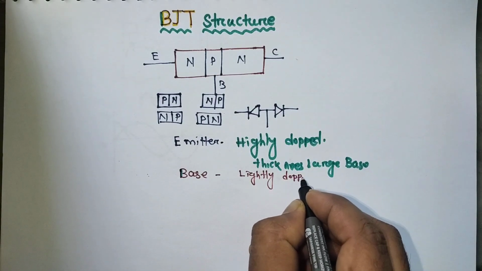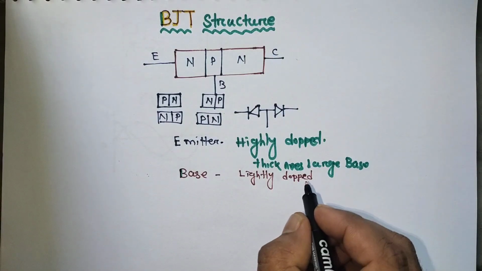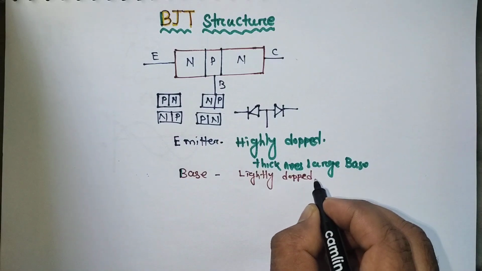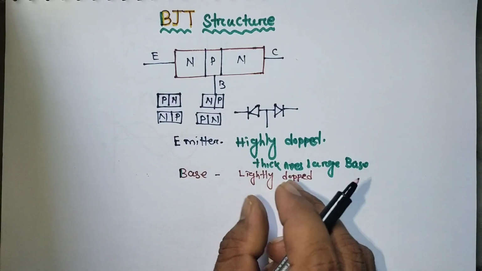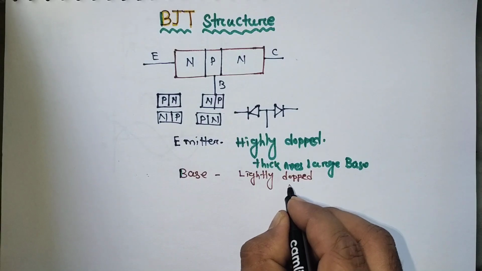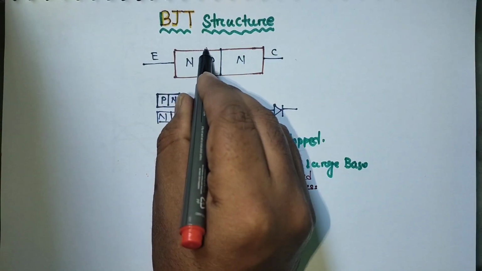You already know that doping means adding impurity to a pure semiconductor. Lightly doped, and its area or thickness is too small, too narrow.